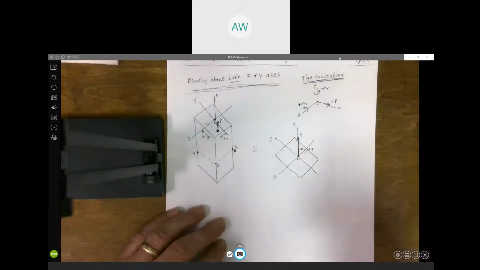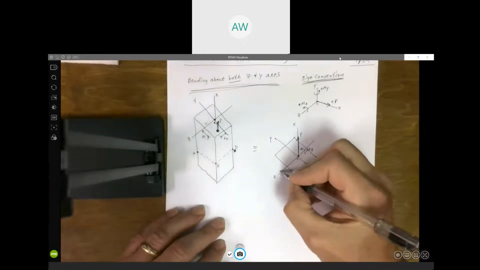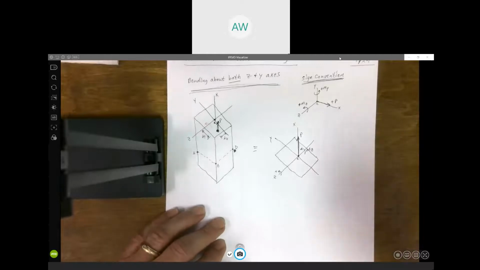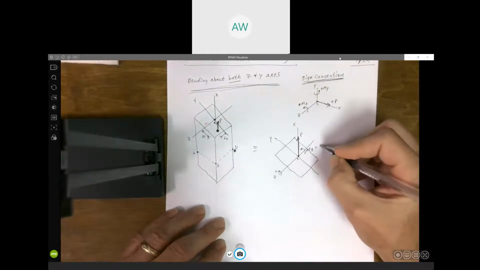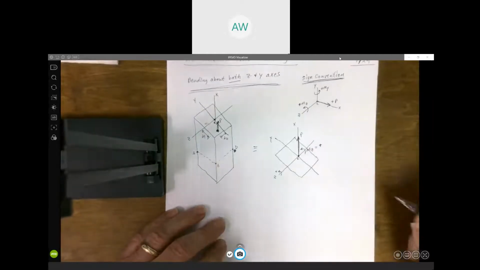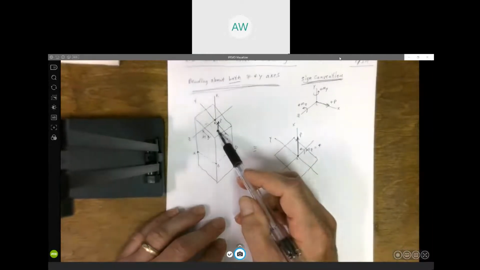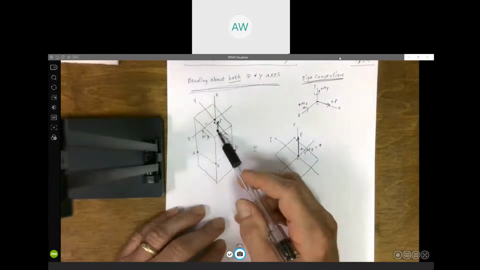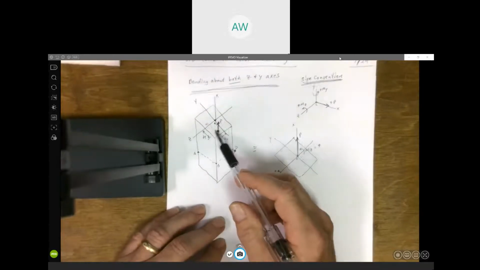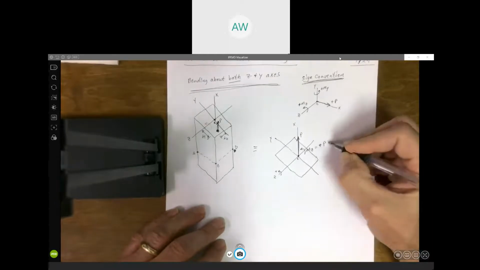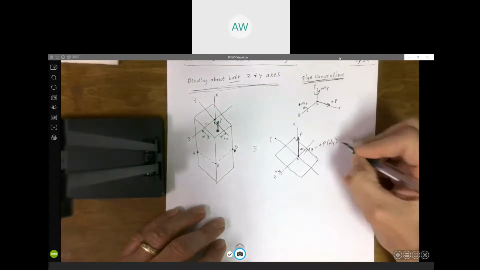And if you go to our sign convention, this direction would be a positive moment. So this is actually going to be a positive moment. And the magnitude of that moment would be that force P times the distance it is from the z-axis, this distance dy. So it would be force P times this distance dy.